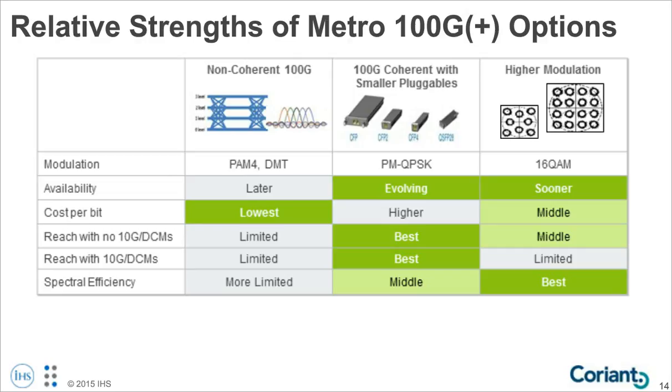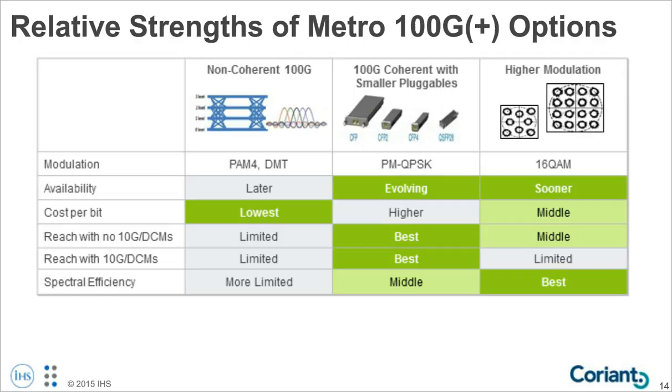So that's really the strength of the non-coherent 100 gig. If we look at the higher modulation option, that's available sooner. It offers a good cost per bit reduction and the best spectral efficiency, but the reach is going to be somewhat limited, particularly if we have a network with 10 gig and DCMs.